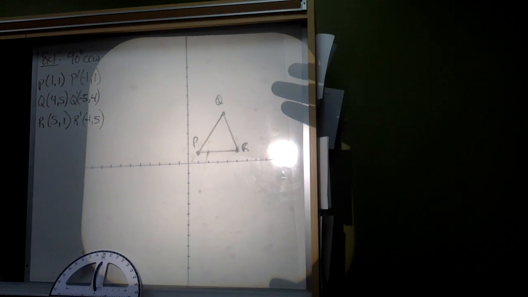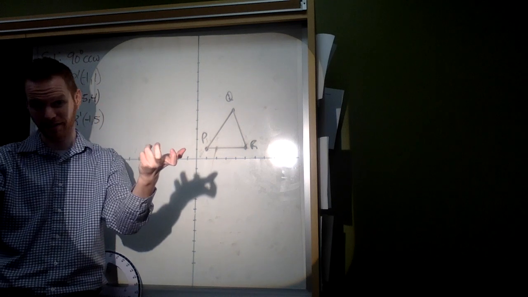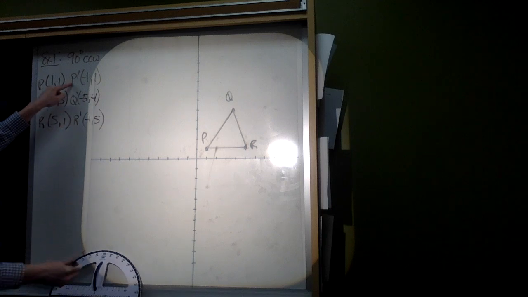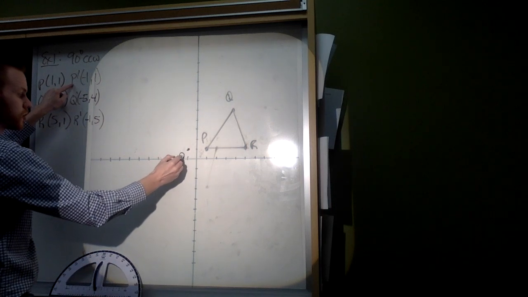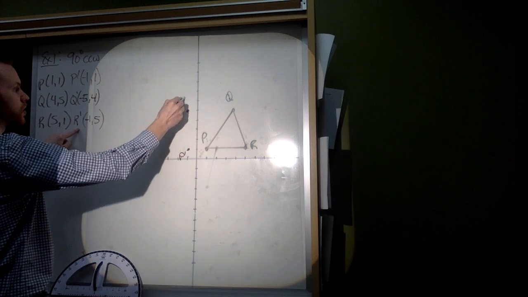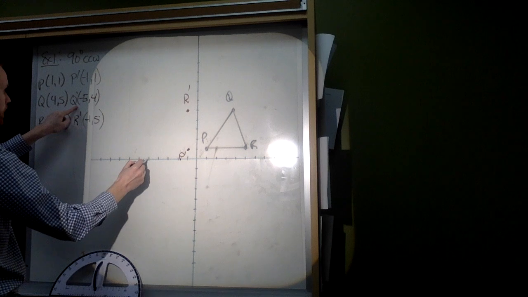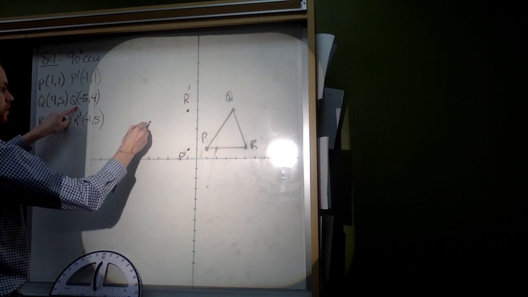Now, once I have those coordinates written, I'm going to move my shape back to its original position. And I'm going to now, quote unquote, paste the object. I'm going to take these points and graph them. So here's P prime, 2, 3, 4, 5. Here's R prime, and then Q prime, 1, 2, 3, 4, 5, 1, 2, 3, 4.